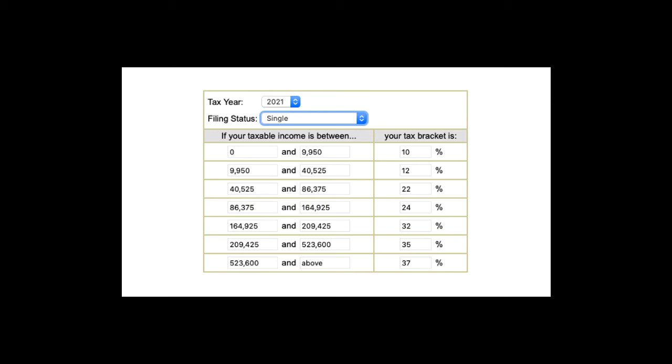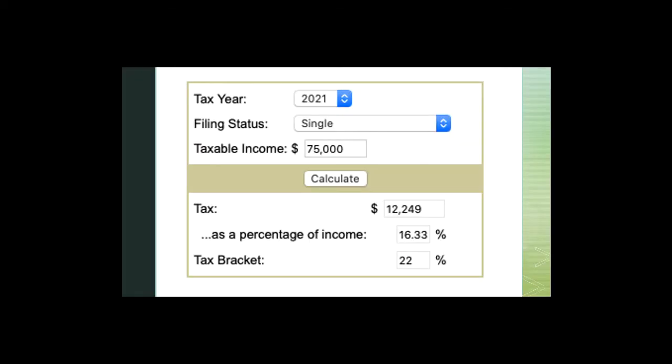So, when you actually work this out, next slide, let's say that you are filing in the tax year 2021, you're single, and you've earned a total of $75,000 of taxable income. The amount you'll owe in taxes is actually $12,249, and you can verify this by running that $75,000 through the different tax brackets on the previous slide.